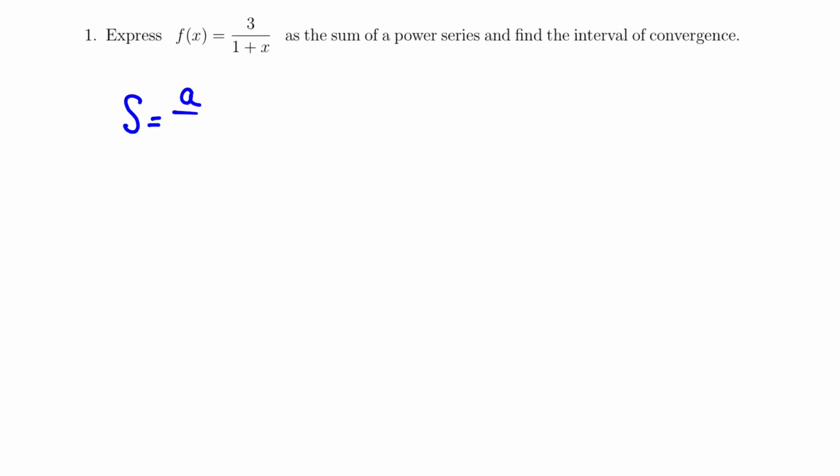Sum is a over 1 minus r, and 3 over 1 plus x is very similar to that. So 3 over 1 plus x could be equal to my sum, provided a was 3 maybe, and r was minus x. Do you see that? So if we let a be 3 and r be minus x, that could give us that sum.